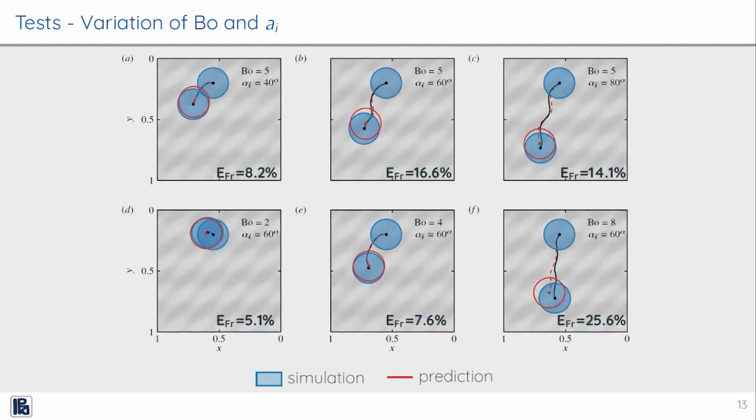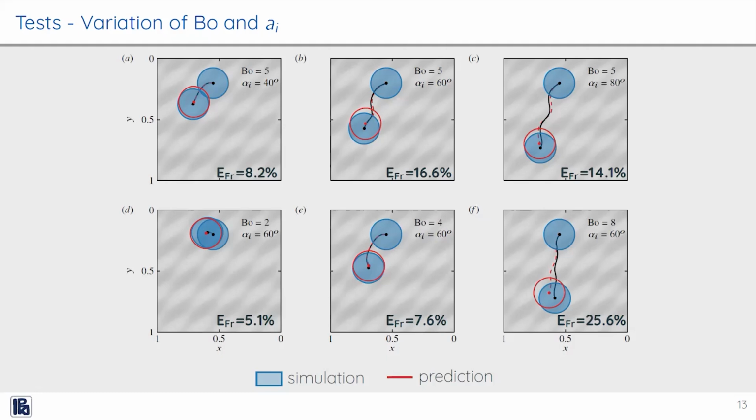And if we see how it performs by changing the bond number and the inclination angle, first, in the top row, you can see that as the inclination angle increases, of course, the accuracy of the droplet position falls, but at least the path followed by the droplet is in very good agreement with the reference results.